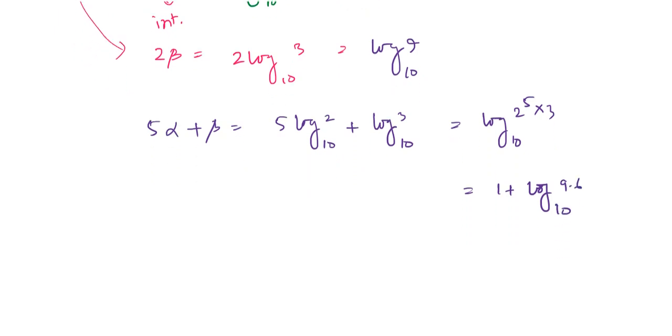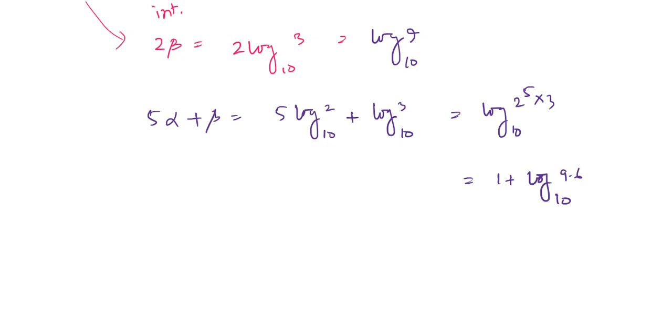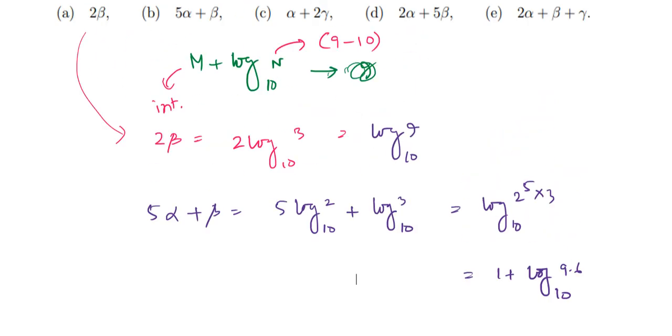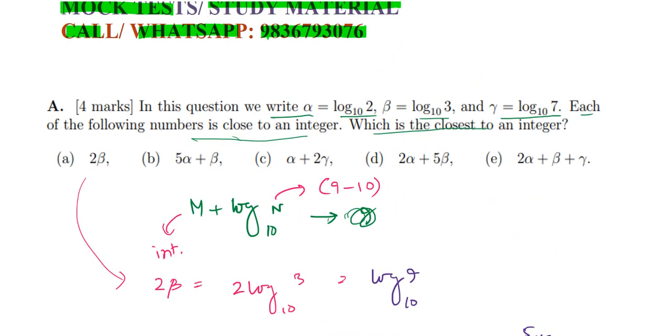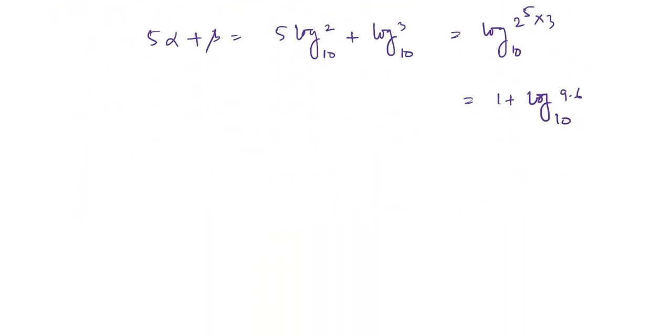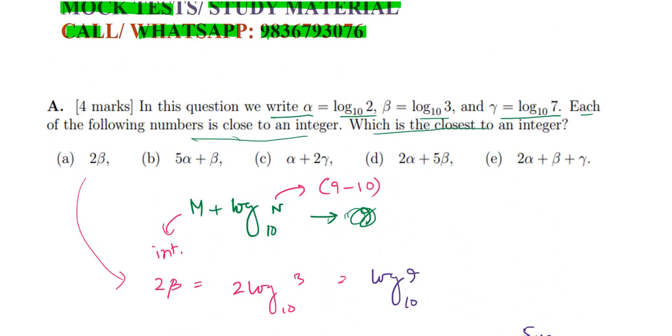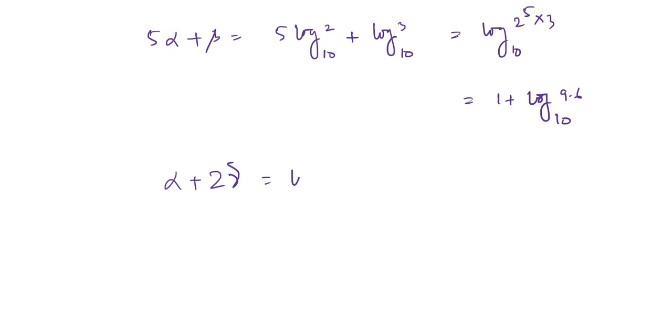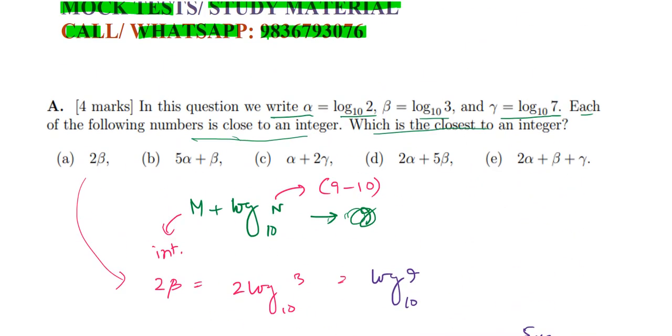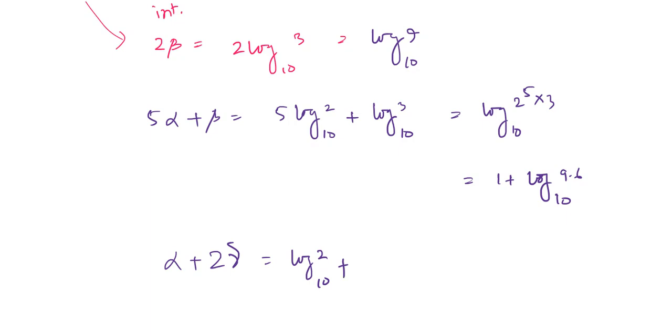Now we can analyze the third option, alpha plus 2 gamma. Alpha means log 2 base 10, plus 2 gamma means 2 log 7 base 10.